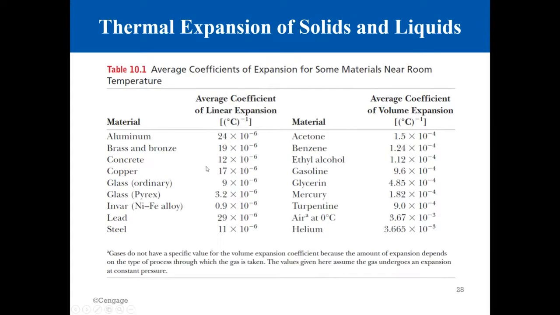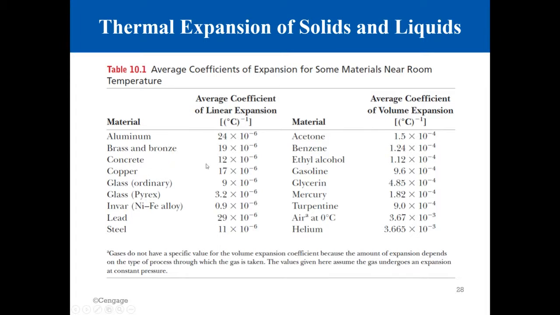So here you see some common materials and the value of this average coefficient of linear expansion. By average coefficient of linear expansion, we mean the change in length per degree Celsius. Here you have it for aluminum, 24 by 10 to the minus 6.